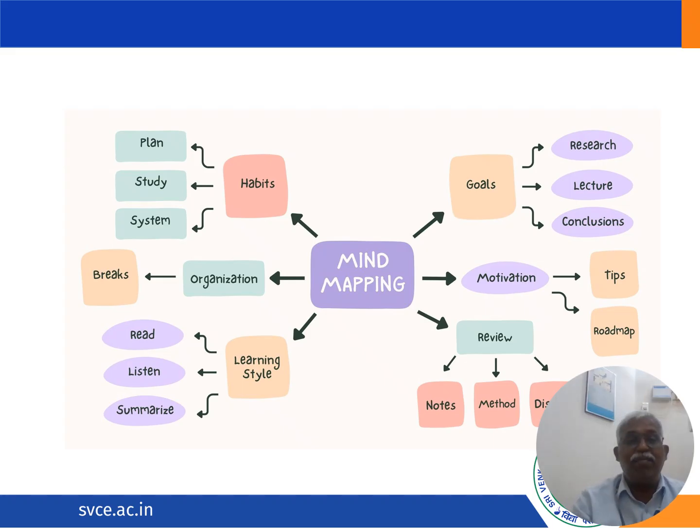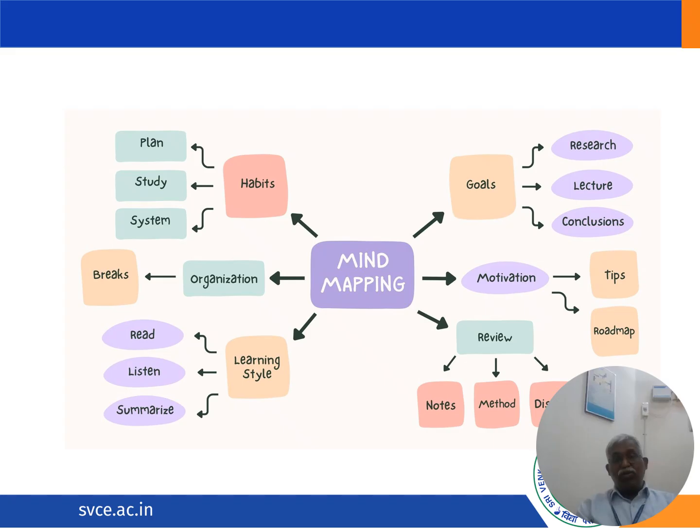Now we have a mind map divided into six parts: organization, learning style, habit, goal, motivation, review. In the habit, we have plan, study, system. In the organization, we have a break. Learning style: write, reading, listening, summarizing. Goals: we have research, literature, conclusion.